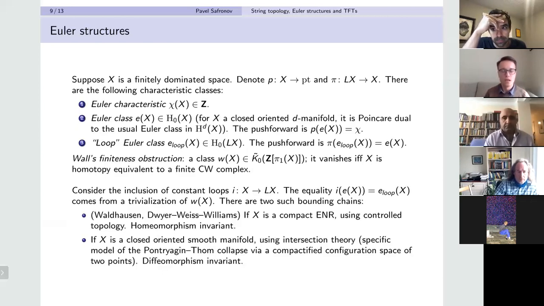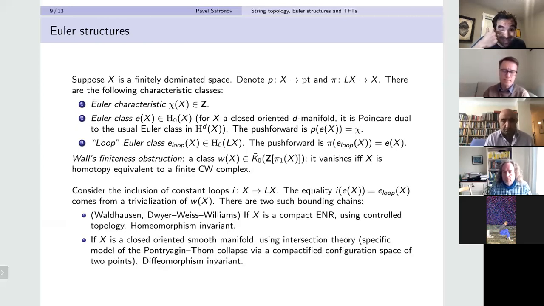Okay, and so there are two kinds of trivializations of this Wall's finiteness obstruction you can construct. There's one which is about manifolds, and there's one which is something quite fancy for general topological spaces.